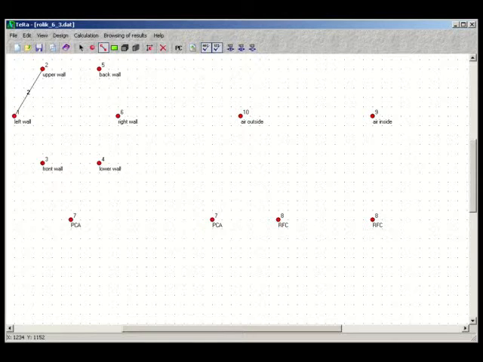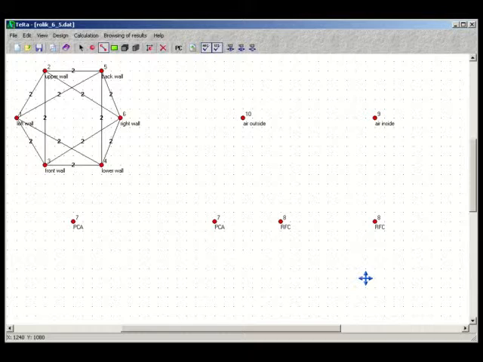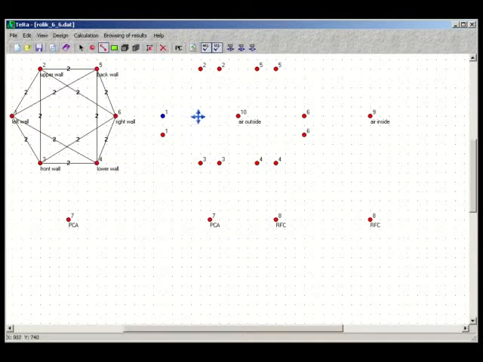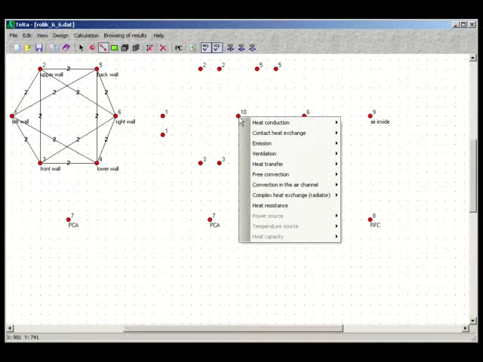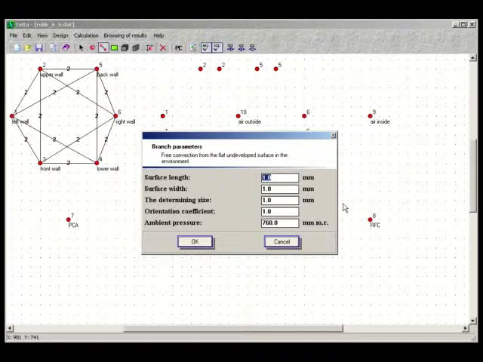Each case side external surface interacts with outside air through convection and radiation. For this purpose, once again, we shall twice set all blocks of the case. Block 1 we connect with block 10 by the branch free convection from the flat undeveloped surface.